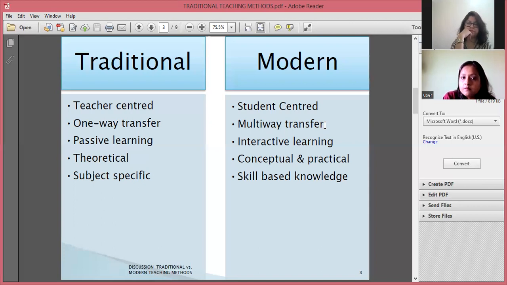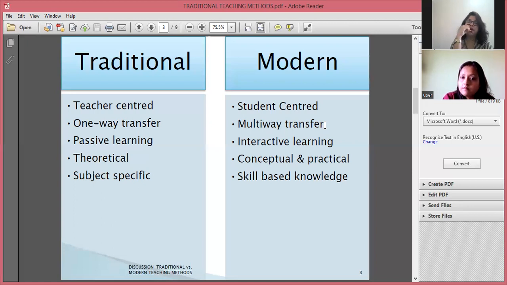Because in the traditional method, the student knows a particular subject, but when they talk and interact with each other, some ideas come from their mind, and they create something. This is called skill based knowledge.